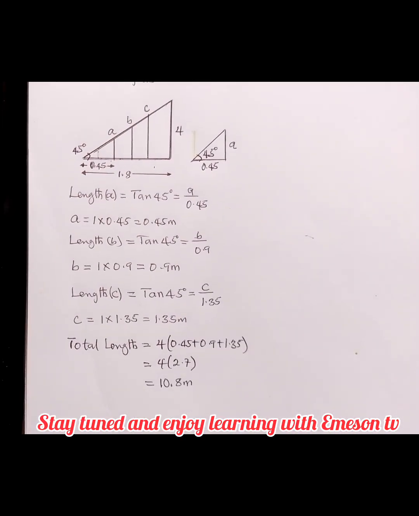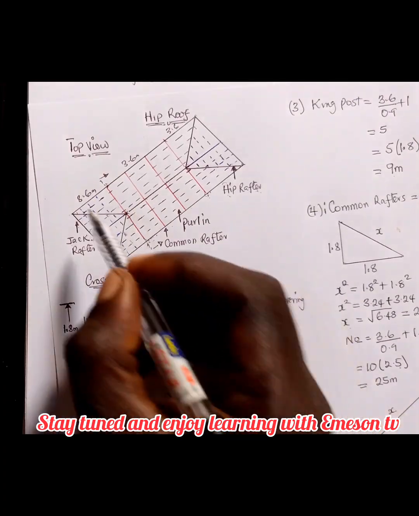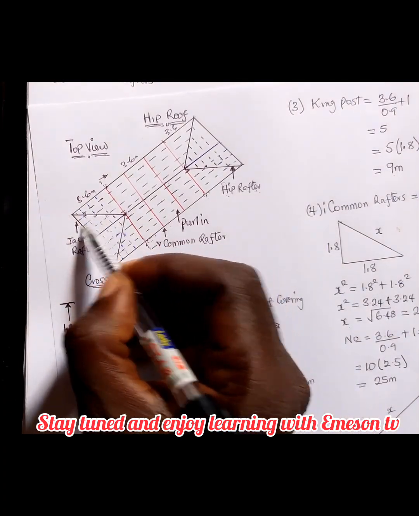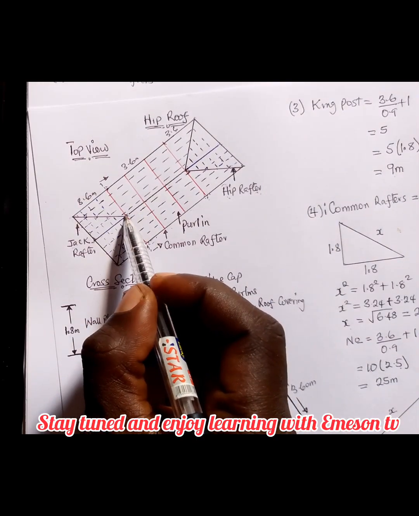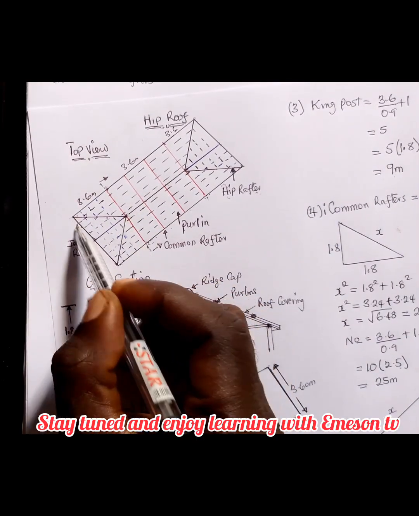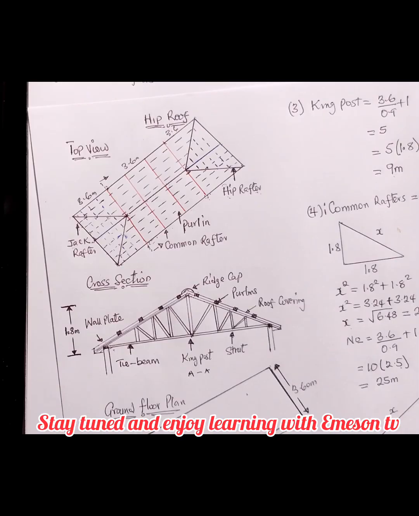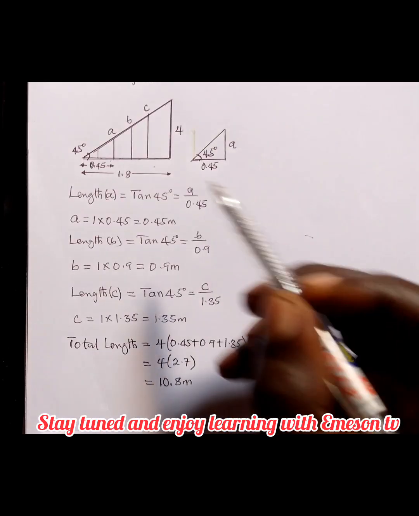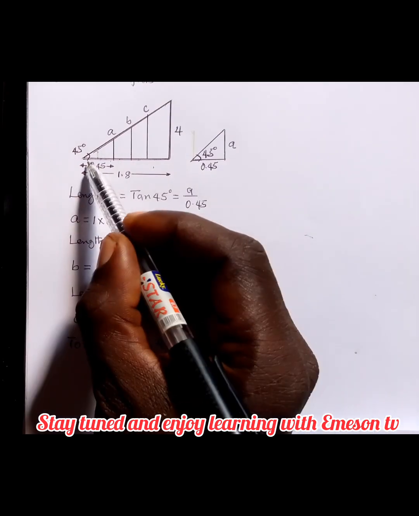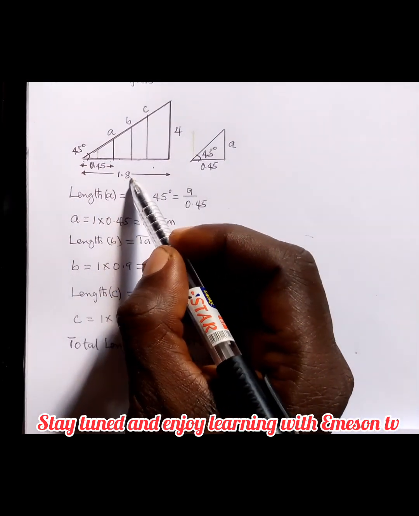Our jack rafters are these ones. These ones run from this point to this point, from this point to this point. So we can produce something in this shape, which will aid us to calculate the jack rafter. From this point to this point is half of the span, which is 1.8.